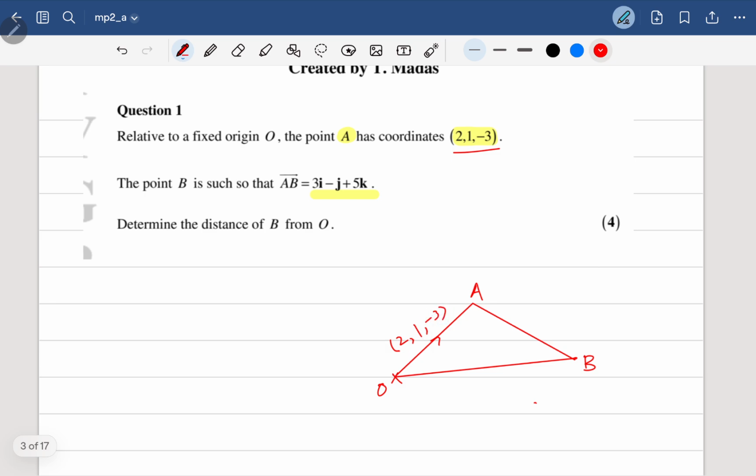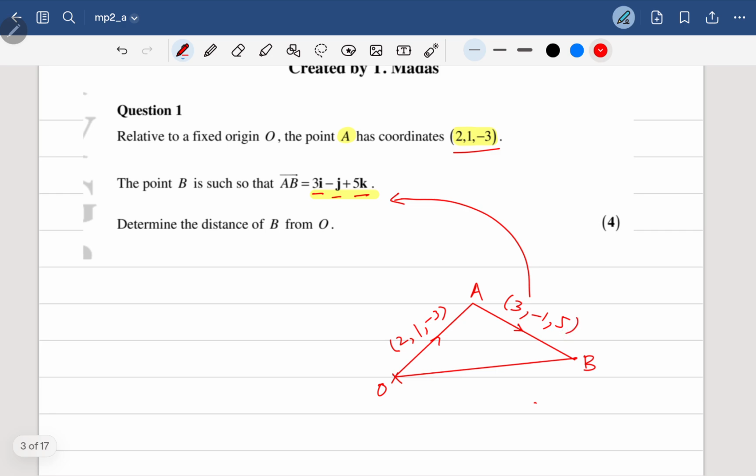and AB is given as 3i minus j plus 5k. If you write it in this form, the coefficient of i is 3, the coefficient of j is -1, and the coefficient of k is 5, sorry, it should be 5 only, not 5k.